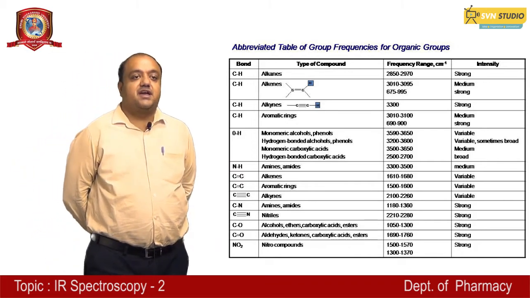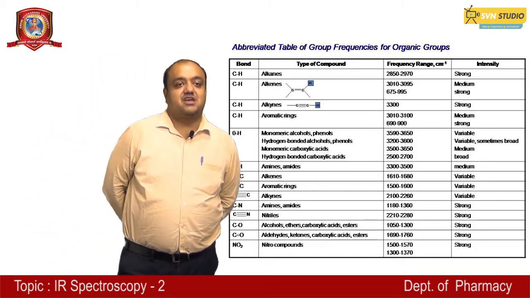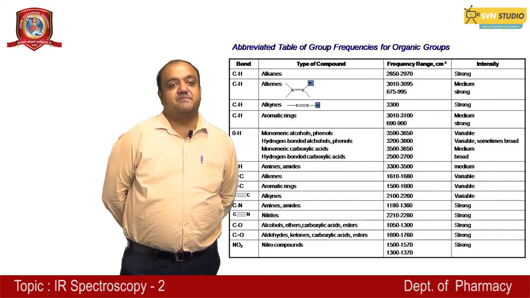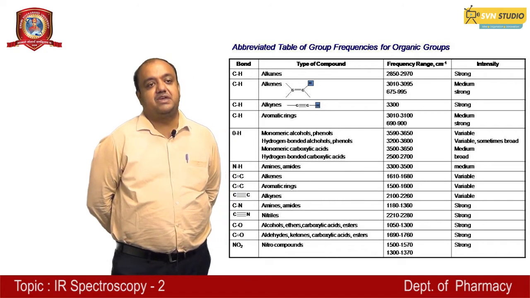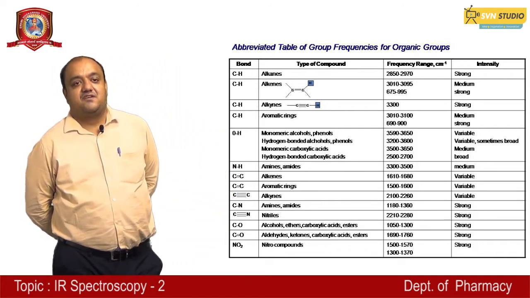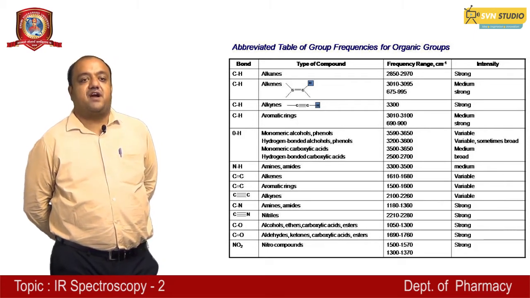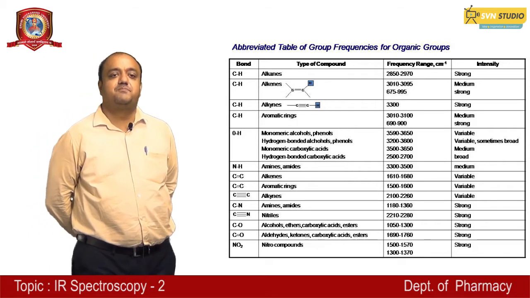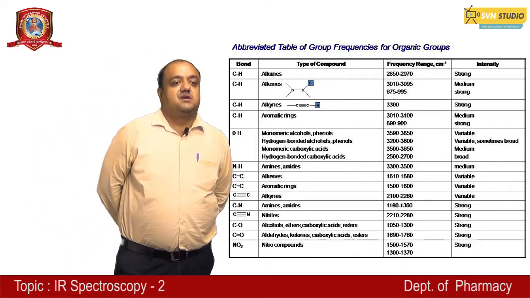And monomeric carboxylic acids at 3500 to 3650 centimeter inverse with medium intensity peak, and hydrogen bonded carboxylic acids absorb at 2500 to 2700 centimeter inverse, and it gives a broad band.